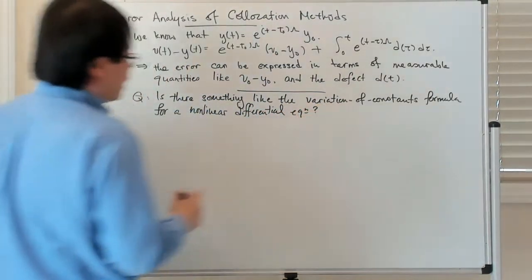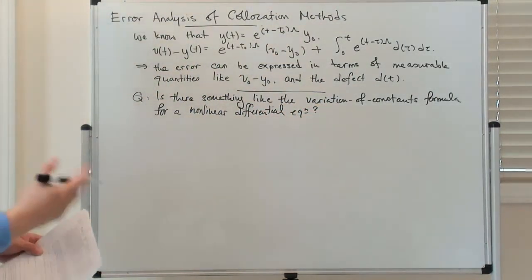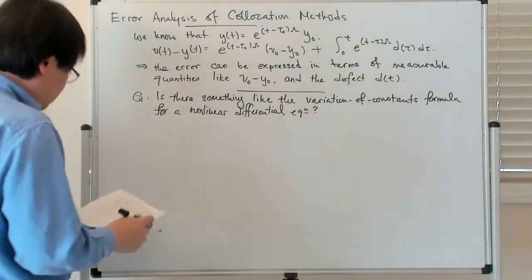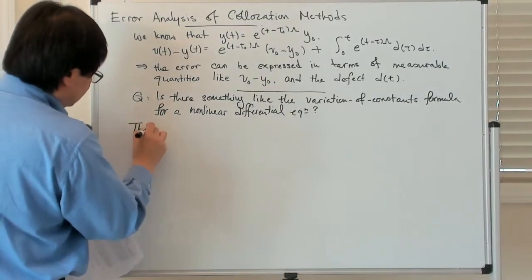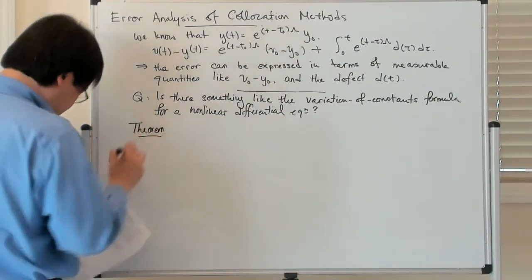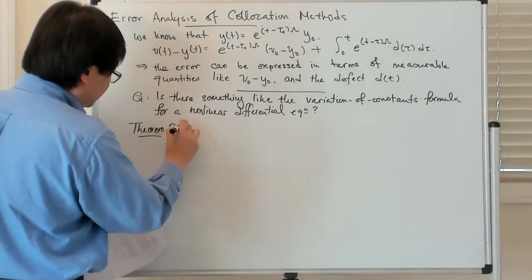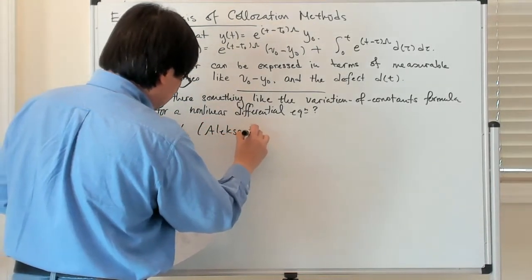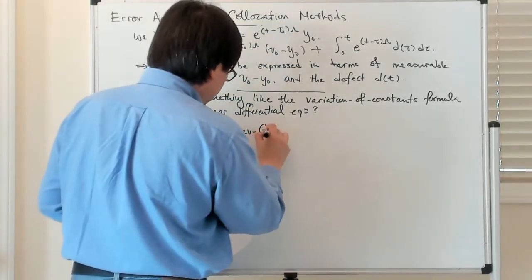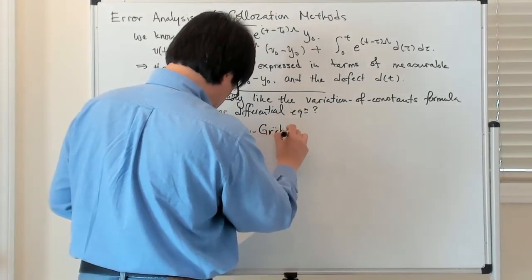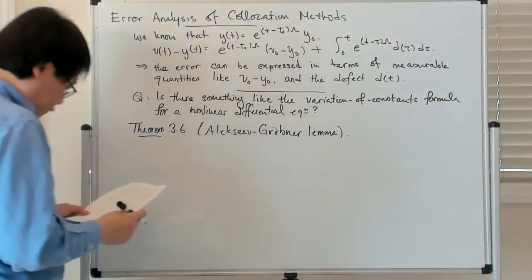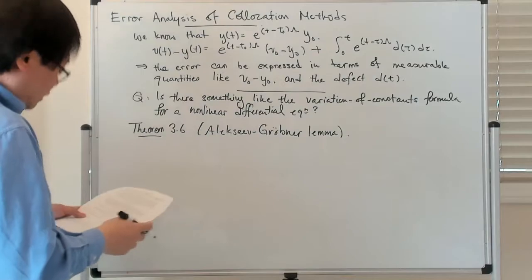There's a slightly weaker form of this, which is called the Alexeev-Grobner lemma. So this is theorem 3.6, the Alexeev-Grobner lemma, and the following is the statement.